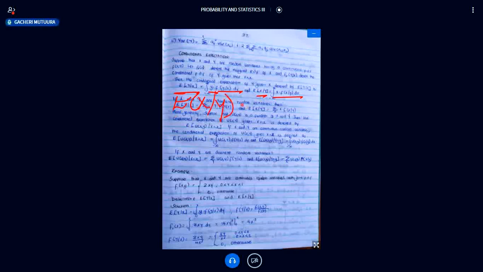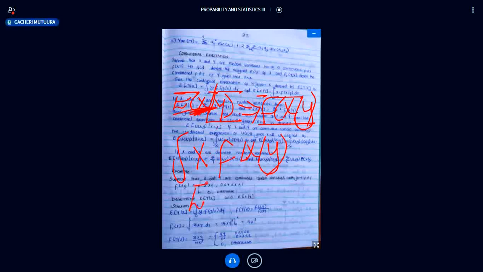So for the expected value of x given y, you need to get f of x given y. Once you get that, remember you want the expected value of x given y. So the moment you obtain the conditional distribution of x given y, you've already handled the given part. Now you're just left with the expected value of x. This is why we are taking the integral of x times f of x given y.